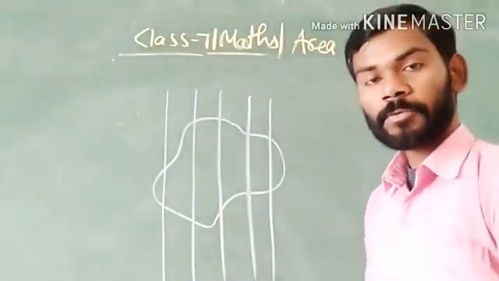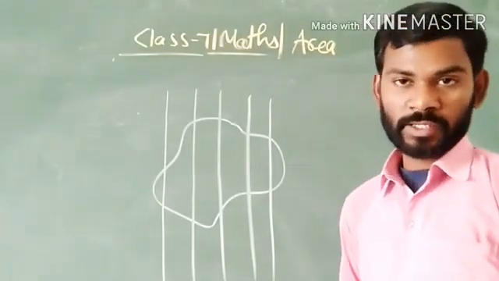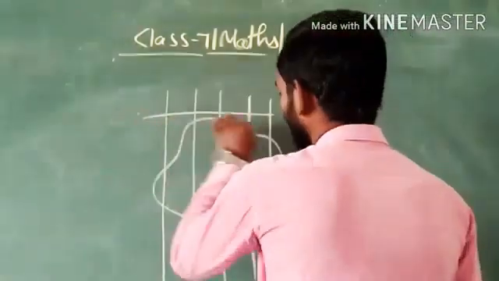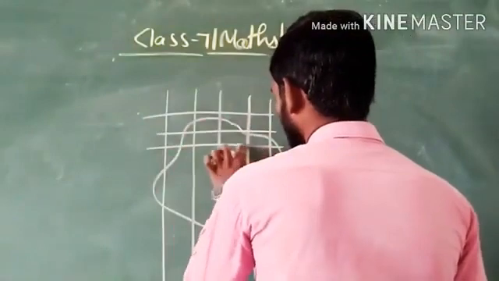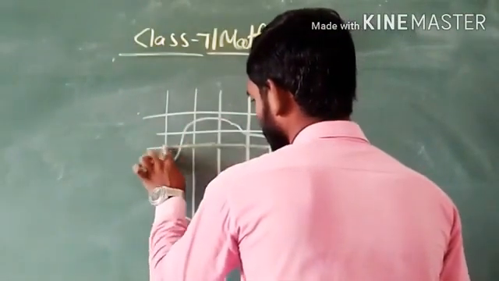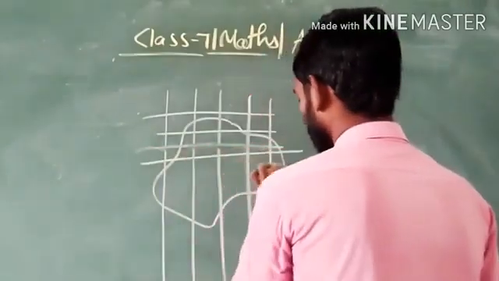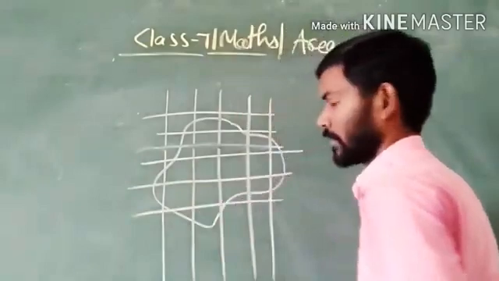As the squares become smaller, the accuracy of the area increases. So we shall divide it into small squares like this.